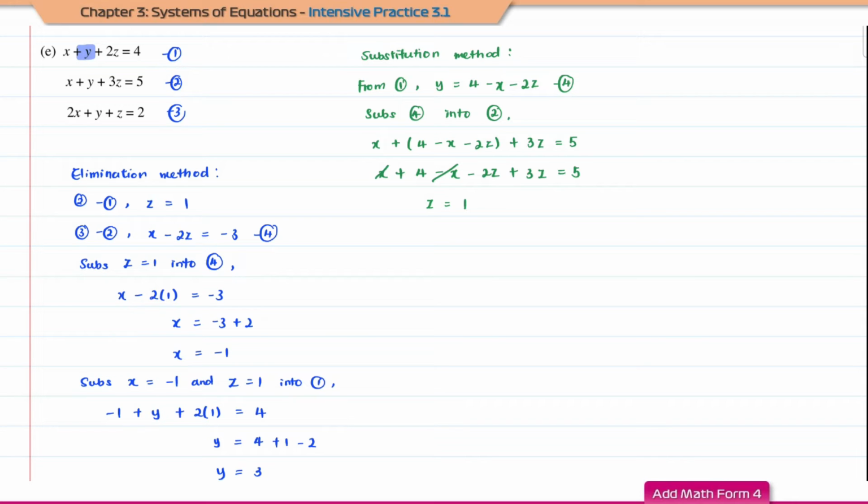So next I'm going to substitute equation 4 into 3. So 2x plus the y, so get it out of the bracket.